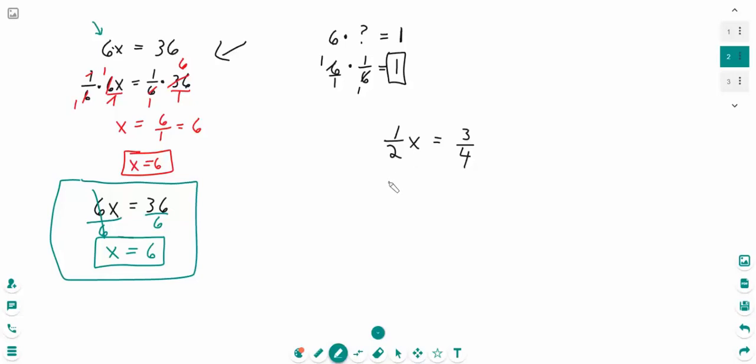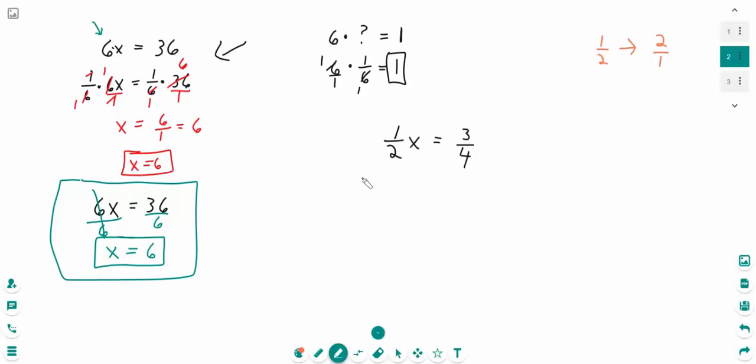So what we're going to do is take this coefficient and multiply this side of the equation by its reciprocal. So what is the reciprocal of 1/2? Well, the reciprocal of 1/2 is 2/1, right? We just flip-flop. We just trade the numerator and the denominator.